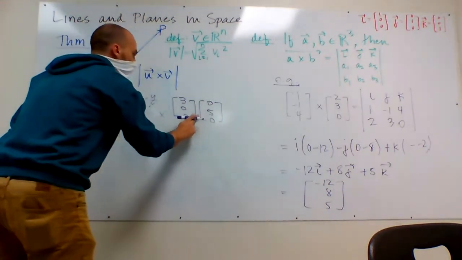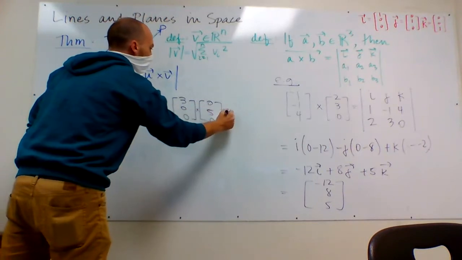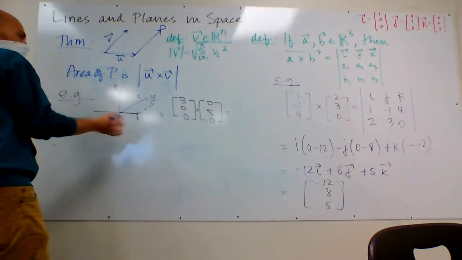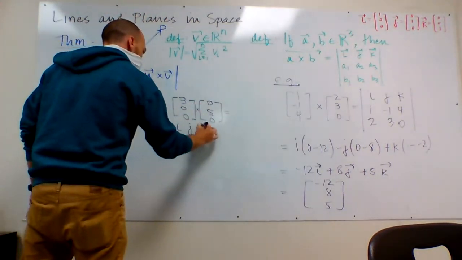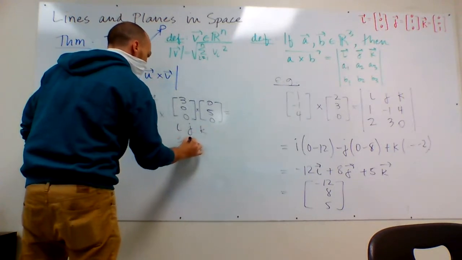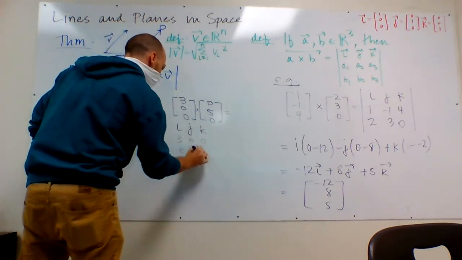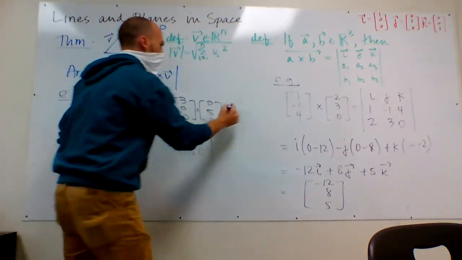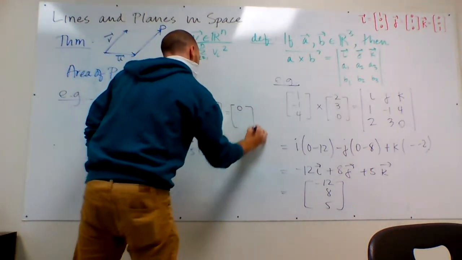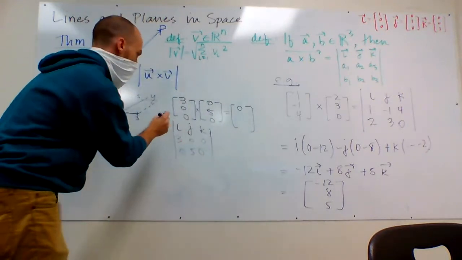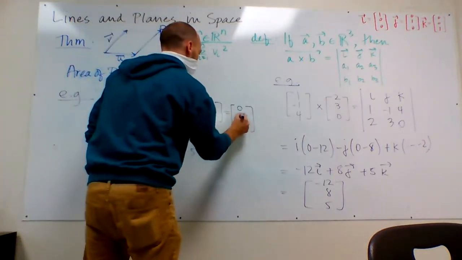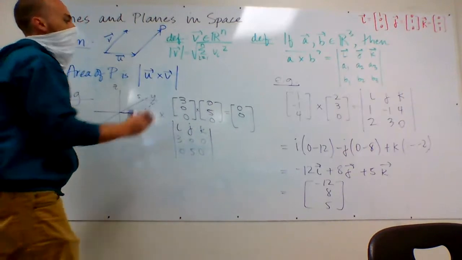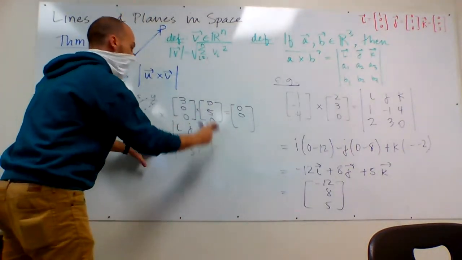I'll do the calculation over there. 3, 0, 0, 0, 5, 0. Just do this real quick. Okay, i times 0 minus 0. Minus j times 0 minus 0. Plus k times 15 minus 0.